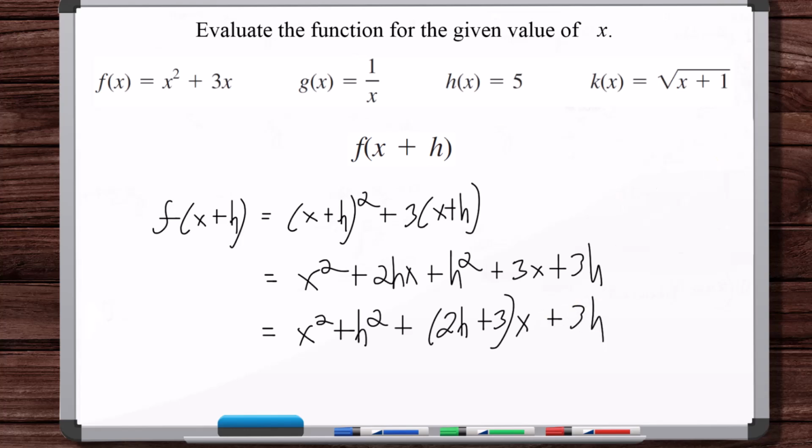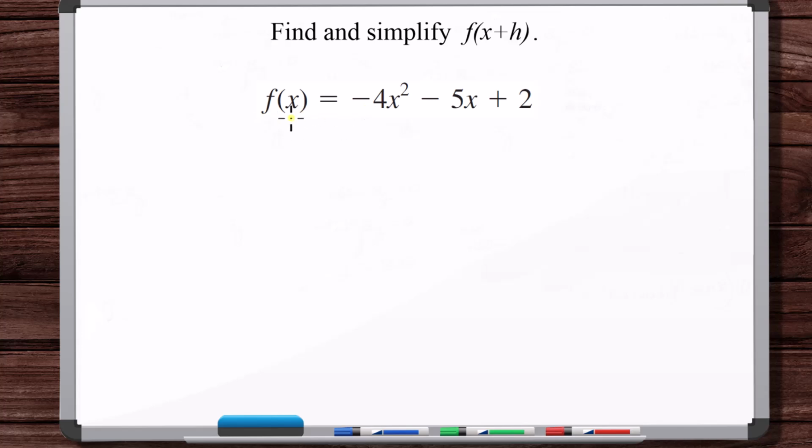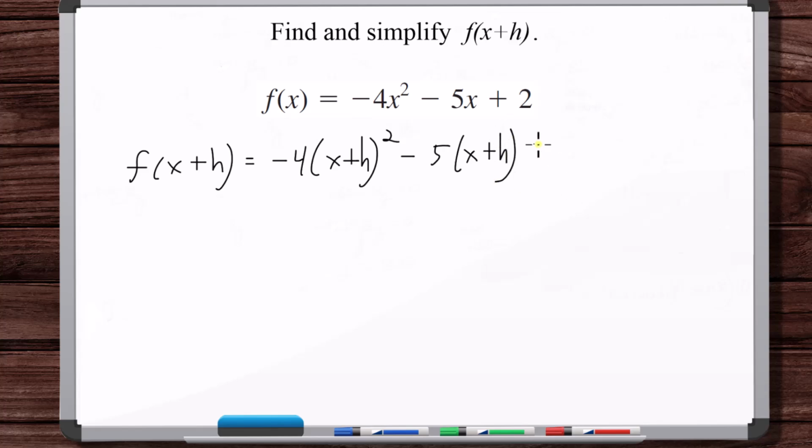There we go. Okay, so now for each of these, we want to evaluate f of x plus h and simplify, similar to what we just did in the previous problem. So f of x plus h is going to be minus 4. Just replace the x with x plus h. All right, now let's just simplify.